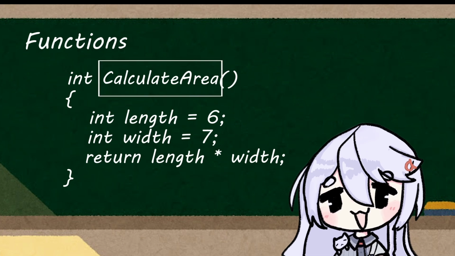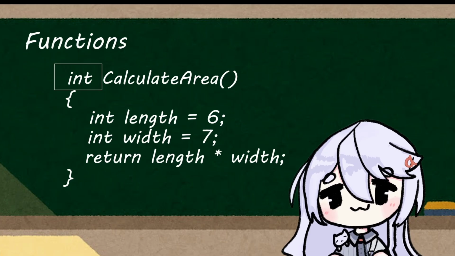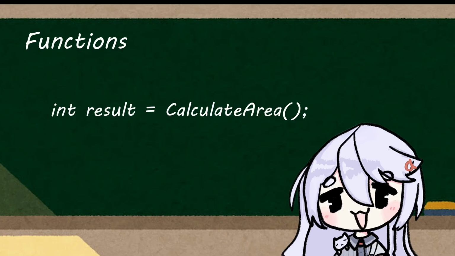This is the name of the function. The word return is a special keyword that will tell us what comes out of the function as an output. And of course, this tells us what type of data it'll be. By the way, this will be how we use the function.